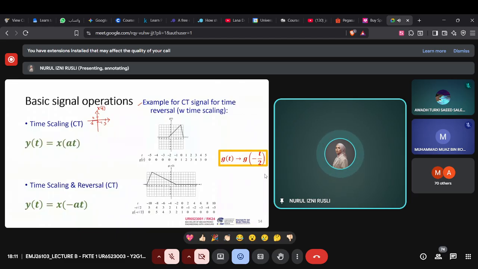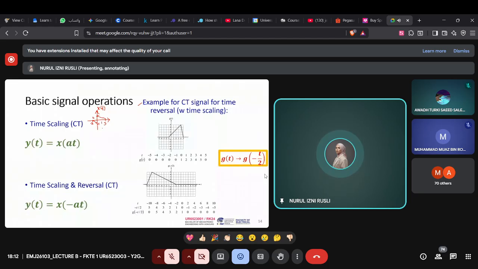So you're having this kind of signal here, as well as this is 2 again, this is -1. So this is your signal.